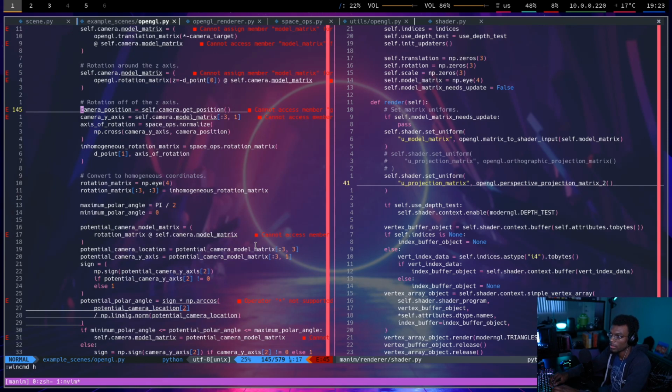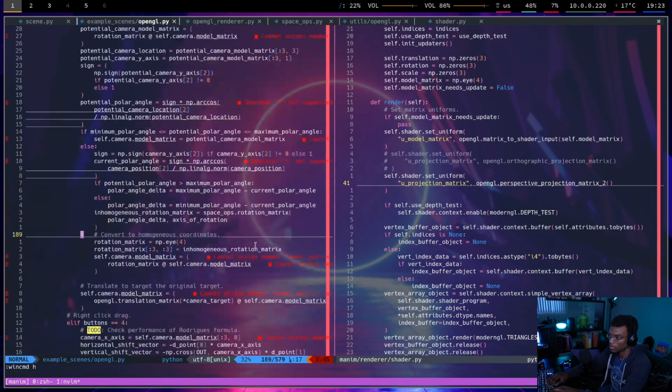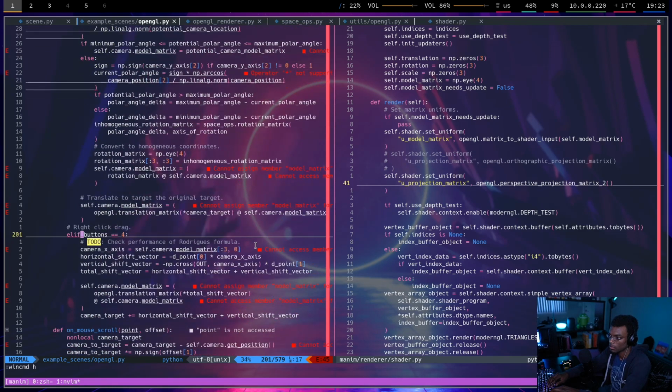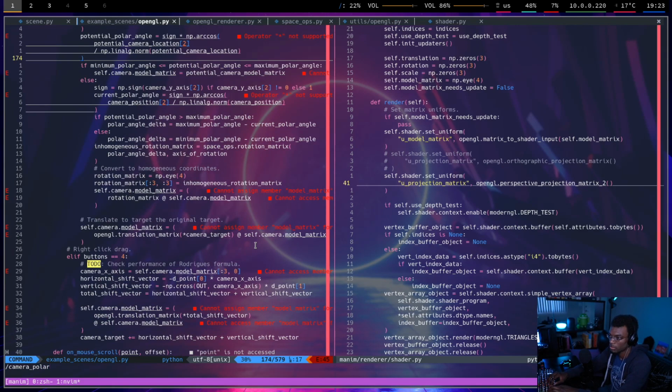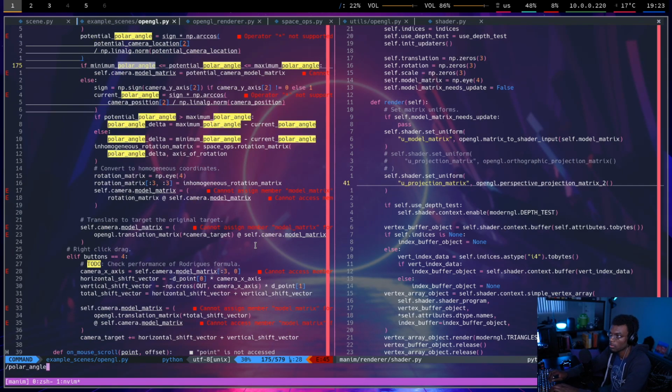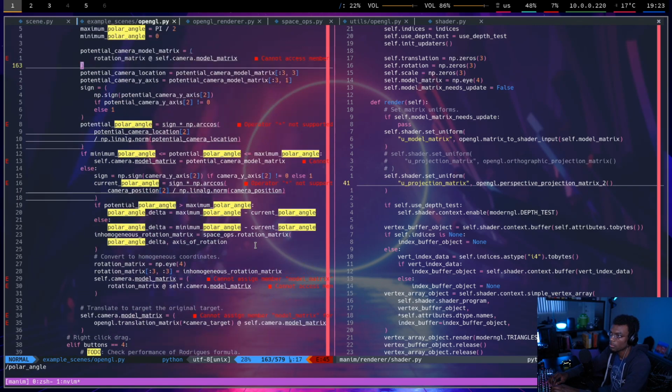And I think I calculate it as part of this. Did I get like camera polar angle somewhere? I get a potential polar angle. Oh, then I get a current polar angle.